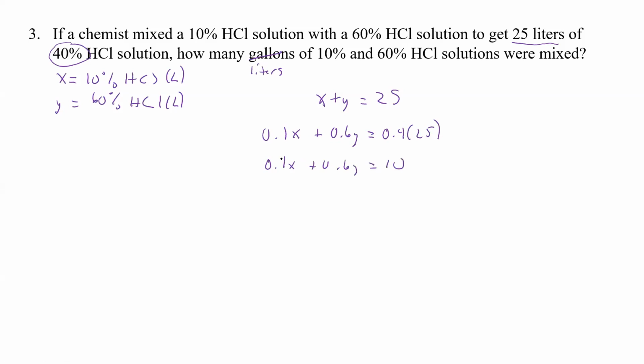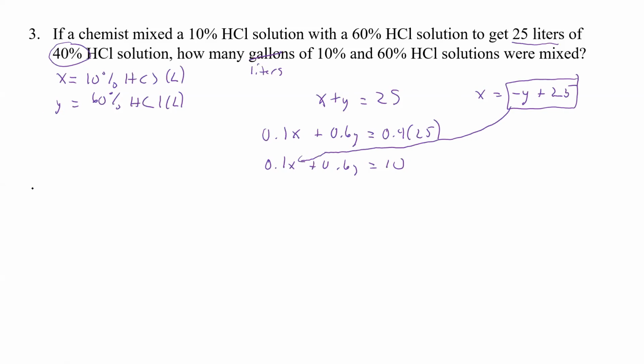Now, we could do several things. We could go ahead and get rid of decimals here and add and subtract accordingly. Or we could say, well, x is equal to negative y plus 25 by subtracting y on both sides, and then taking this and plugging it in here, which is what I'm going to do.